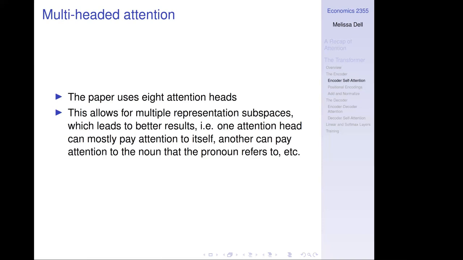So for example, you could have one attention head that's mostly paying attention to itself. Another attention head that's paying attention to the noun that the pronoun refers to, another attention head that's helping you to disambiguate what noun the pronoun should be referring to, and so on and so forth.